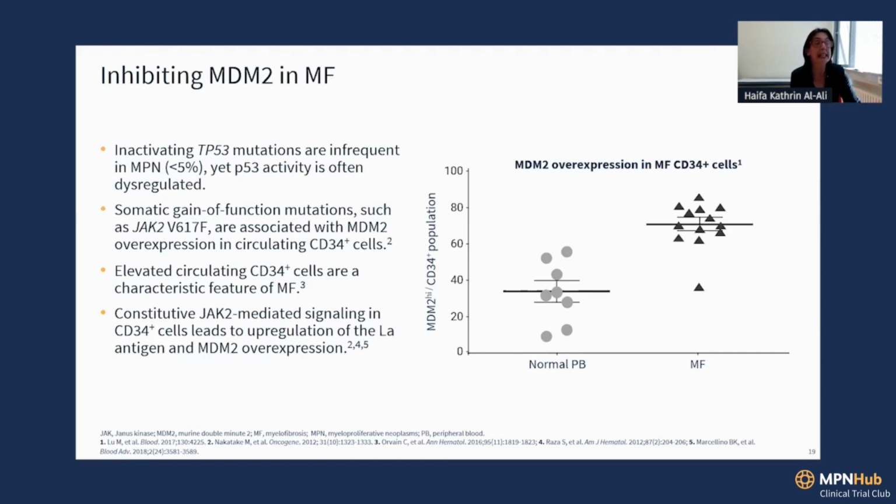So it will mediate the translation and then the accumulation of the MDM2 protein. And so we see that in the majority of our patients with myelofibrosis, there is an overexpression of MDM2 in these CD34 positive cells. Next slide, please.